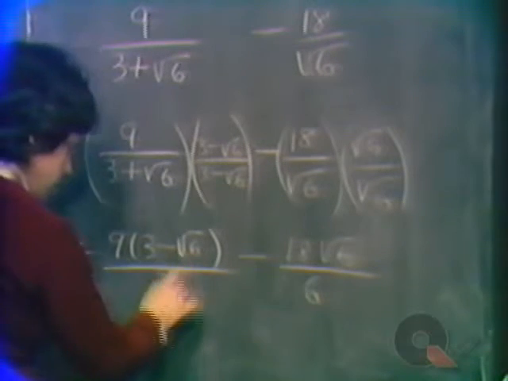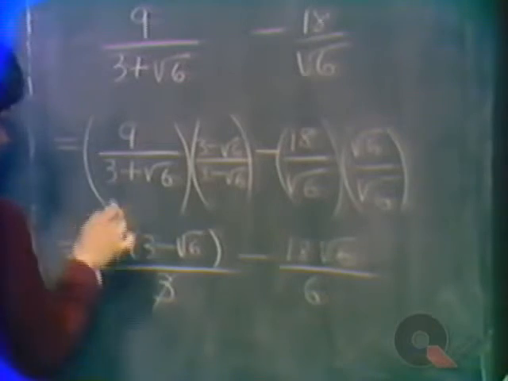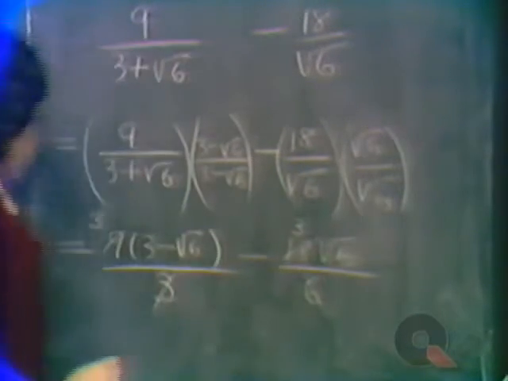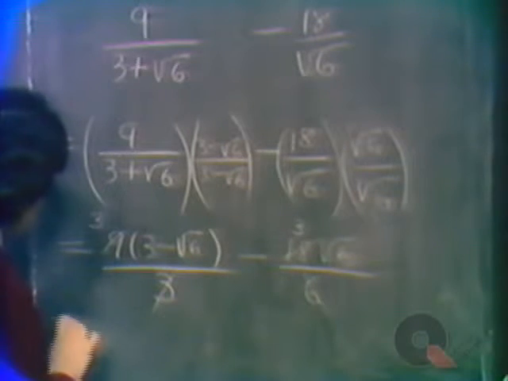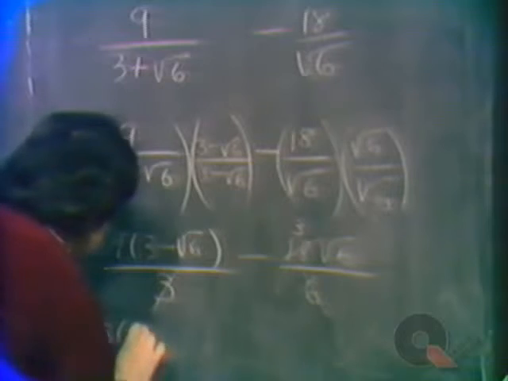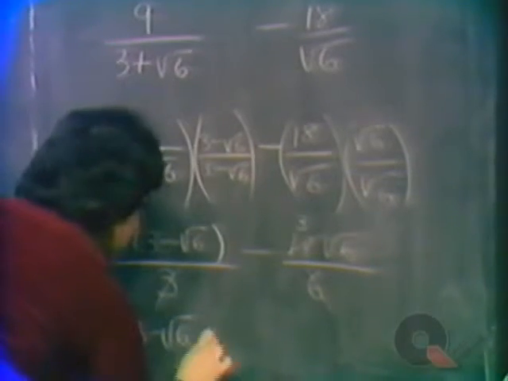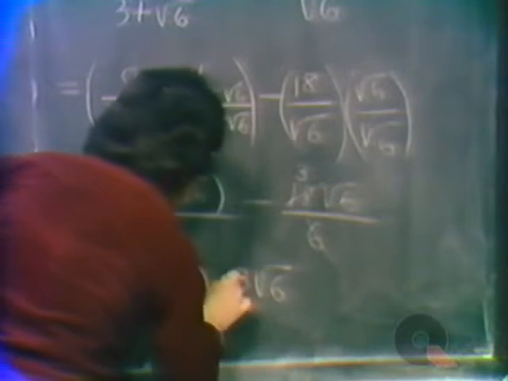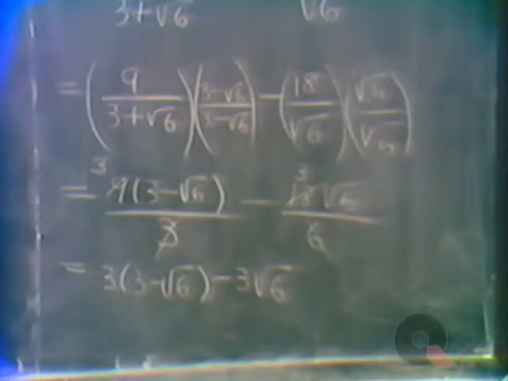Now, 3 goes into 9 3 times, and 6 goes into 18 3 times. So this leaves us with 3 times 3 minus the square root of 6 minus 3 the square root of 6. And what do we get?